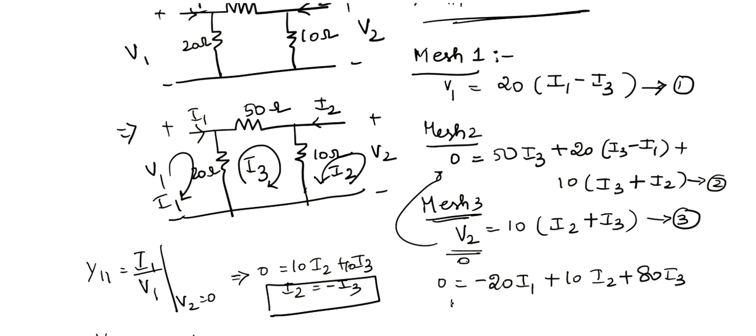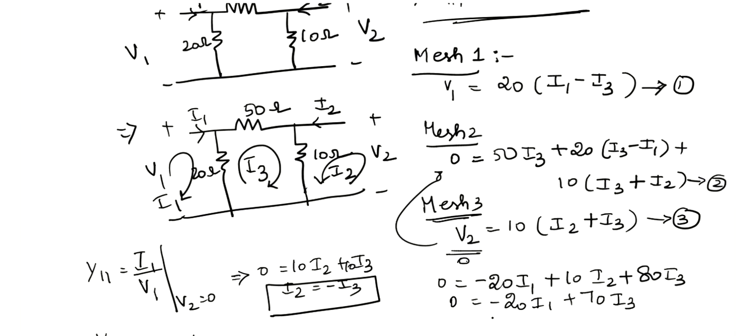You are having an assumption I2 equal to minus I3. So wherever I2 comes, you substitute minus I3. So it will become minus 10. 80 minus 10 equal to 70 I3.